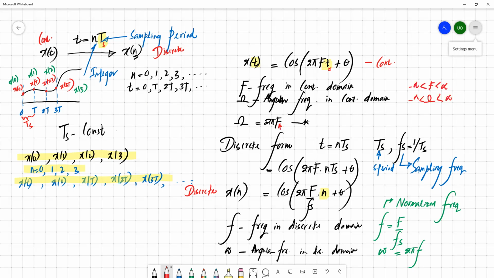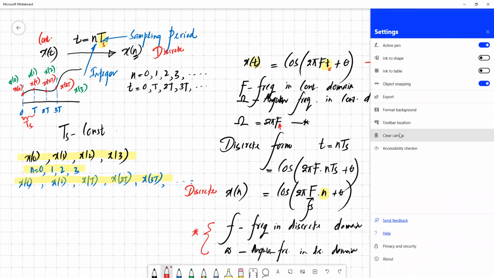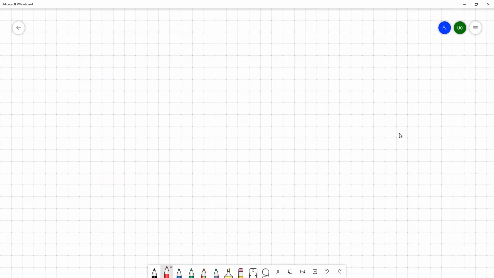Now we need to find the domain of the small f and small omega. How do we get it? Let's think about this discrete signal x[n] equals cos(omega naught n plus theta). So we have a specific angular frequency, defined in the discrete domain.